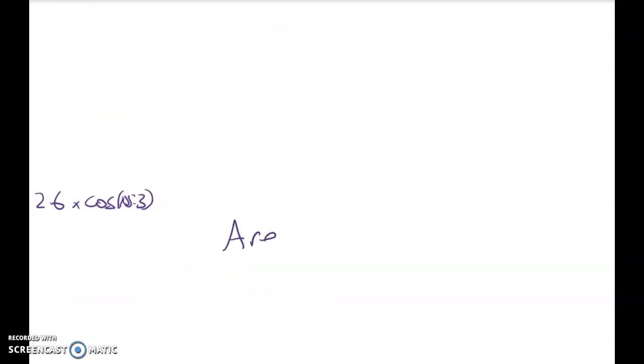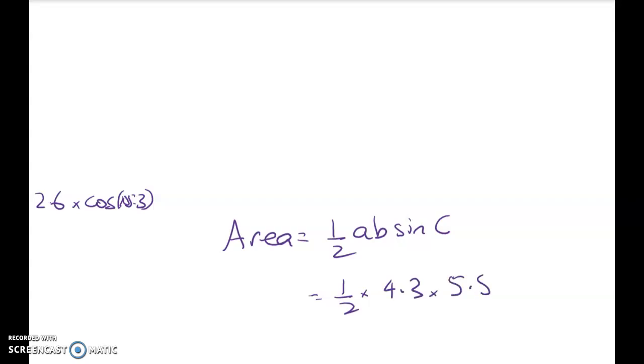Right, so the area is equal to half AB sine C, which is a half times, let's have a look, 4.3, which we were given, times 5.58 times sine of 26.7 degrees. Now I just want to see where that's come from.